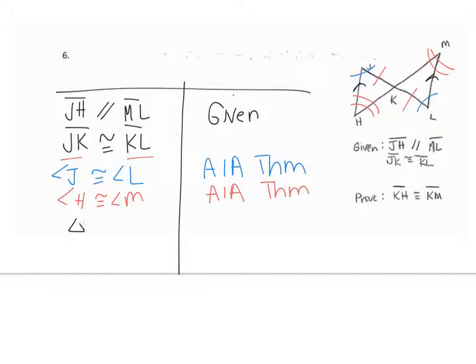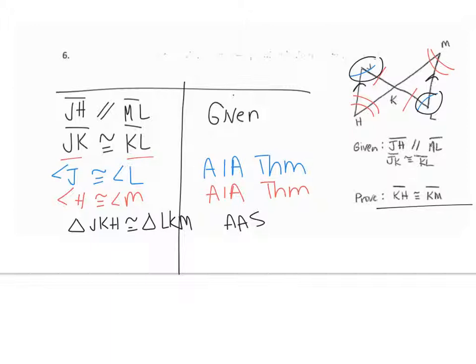So I can say that the triangle JKH is congruent to the triangle, J matches up with L, K matches up with K, and then H matches up with M, by angle, side, angle.